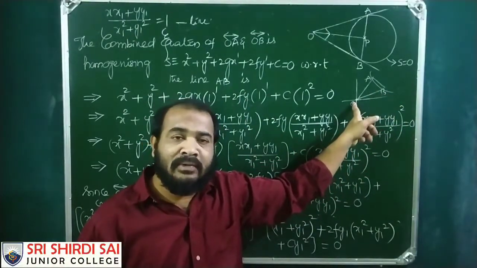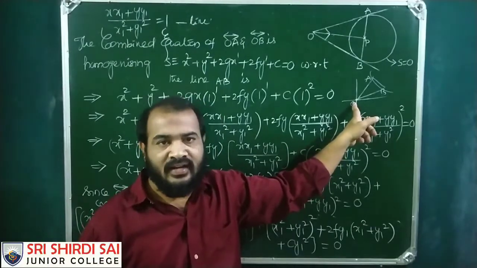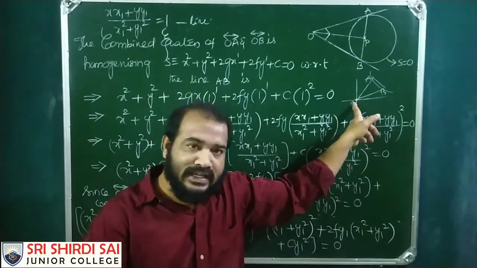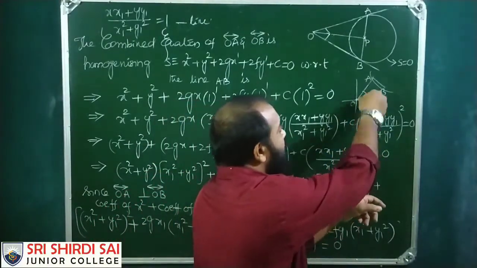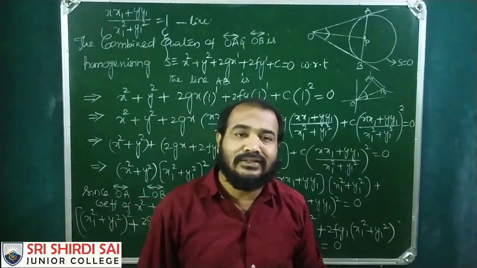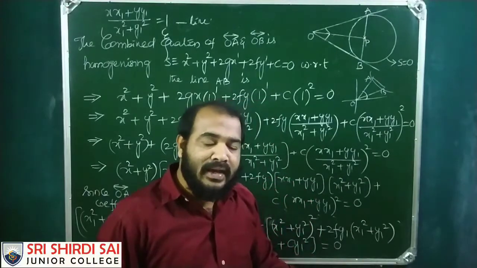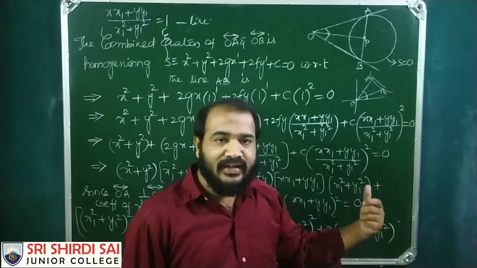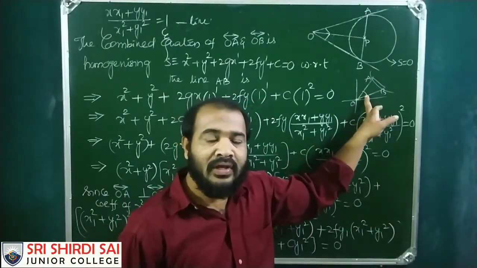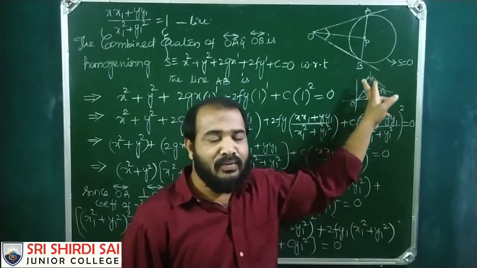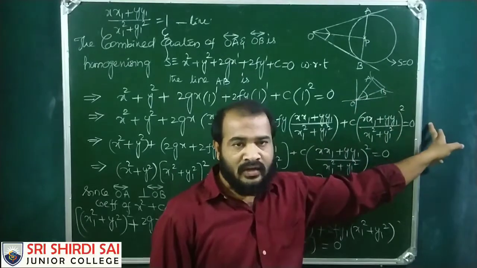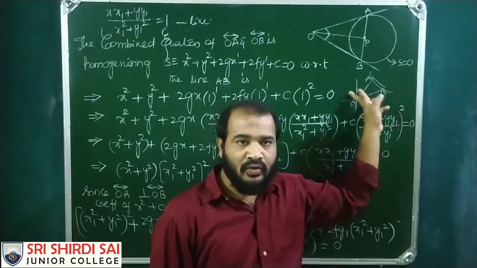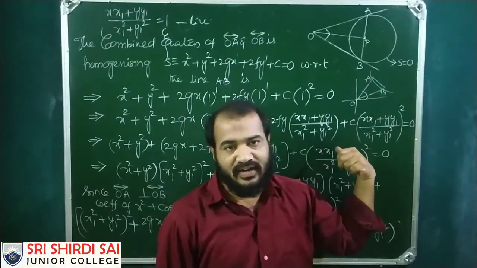So ax square plus 2hxy plus by square equals 0 is the second degree homogeneous equation. And what is the angle between the lines of the second degree homogeneous equation? Cos theta is (a plus b) by square root of (a minus b) whole square plus 4h square. Theta is 90 degrees, so if I substitute, cos 90 is (a plus b) by square root of (a minus b) whole square plus 4h square. Cos 90 is 0, into a denominator that is something, so a plus b equals 0 is what we are getting.